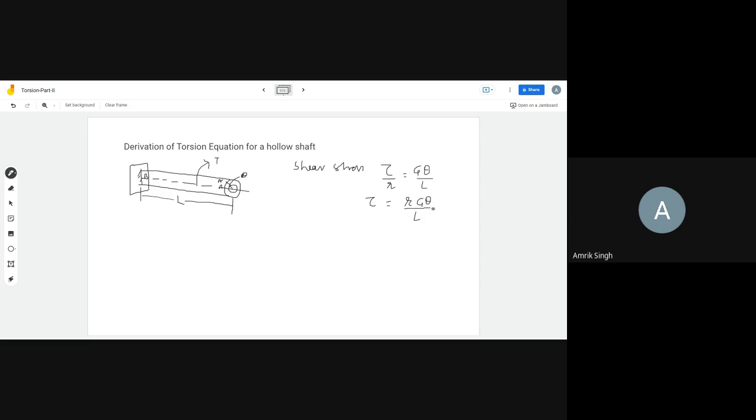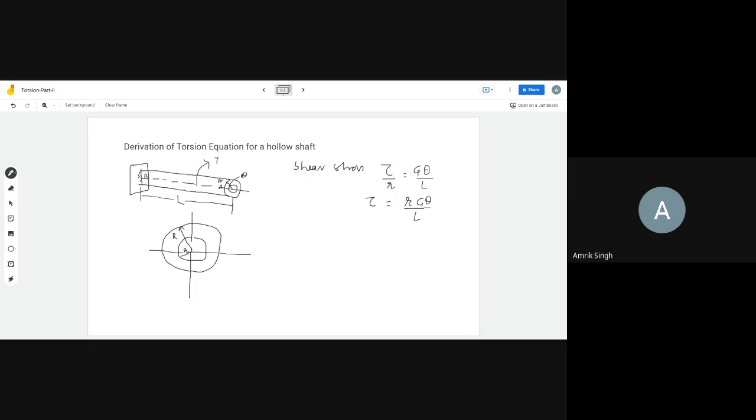Now for calculating the second part, that is T by J, we take the cross section of this shaft, which is hollow. The external radius is R, and the internal radius is small r.